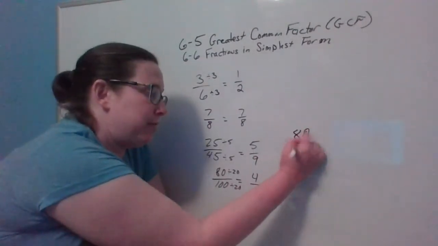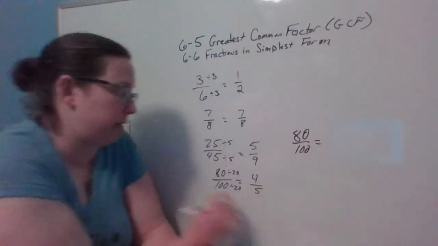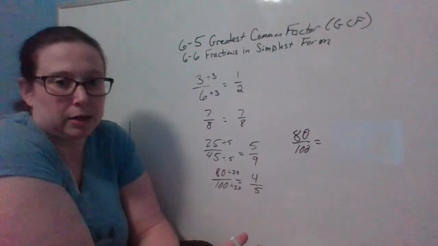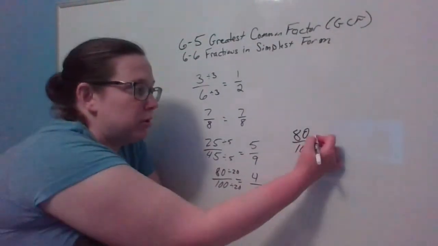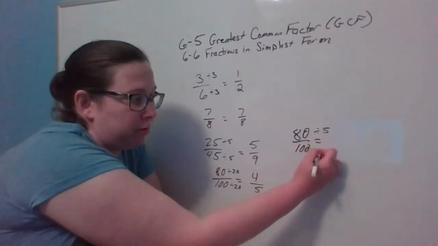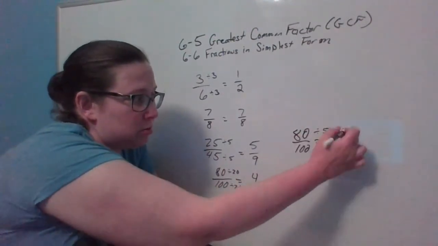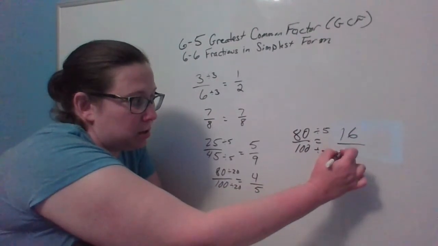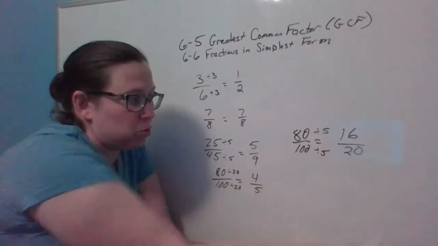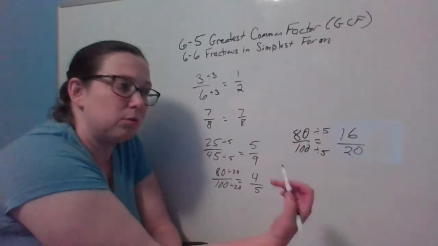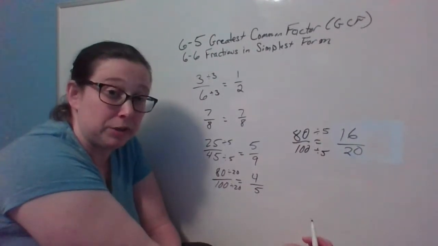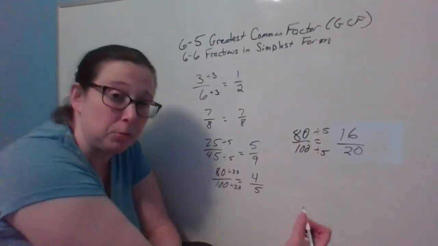Let me show you what happens if you don't come up with a GCF. So if you have 80/100, and rather than going to 20, say you decide to divide by 5. So we divide by 5, we divide by 5. Here we would get 16/20. Well, there's still a GCF that's larger than 1, so we'd have to keep going.